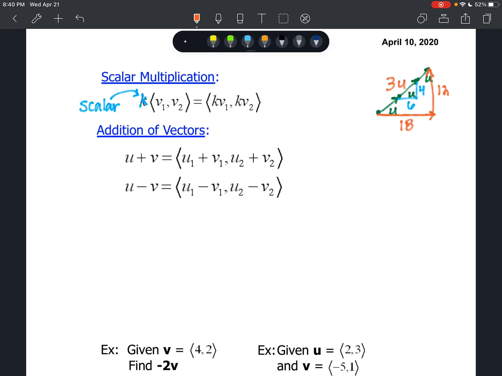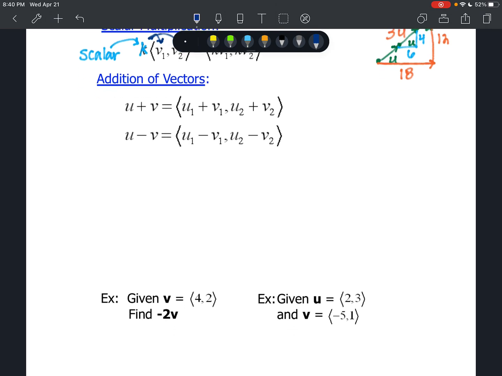Therefore, it makes complete sense that when you have that scalar, you're going to multiply it through to both values in your component form of your vector. When we add vectors in component form, you're going to add horizontal plus horizontal. So add the horizontal components.